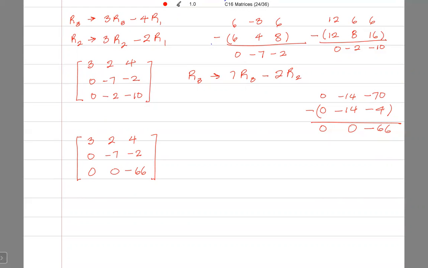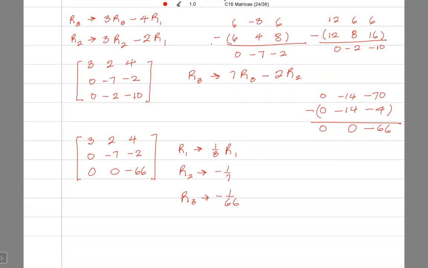So the rest is easy. I'm going to multiply row 1 by a third, so my new row 1 is 1/3 of row 1. I'm going to multiply row 2 by minus 1 over 7, and row 3 by minus 1 over 66.